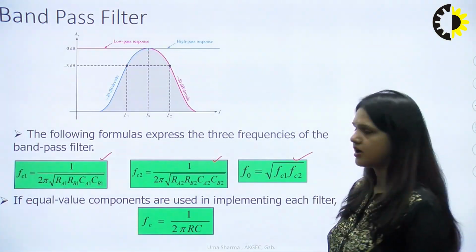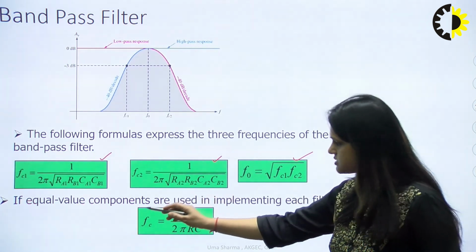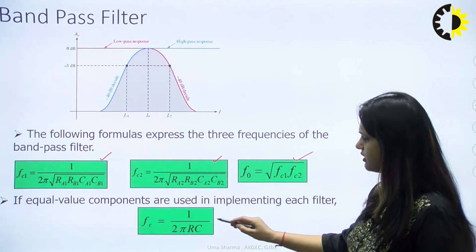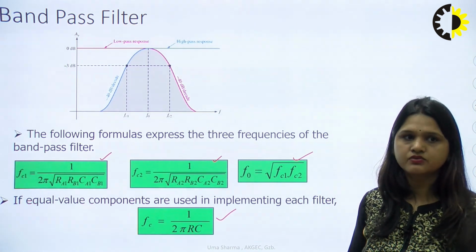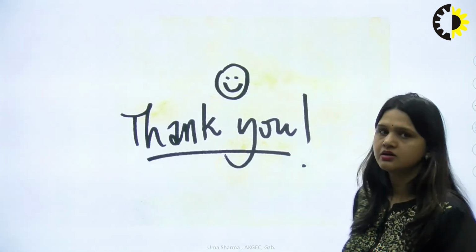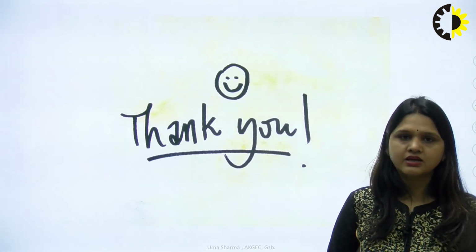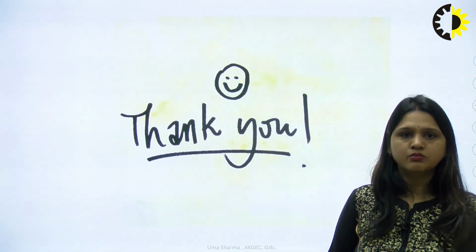This is how you can calculate the critical frequency for the active band pass filter. For the equal component filter, the critical frequency is 1 upon 2 pi RC. So this is how you can implement low pass, high pass and band pass response with the help of the Sallen key active filter model.